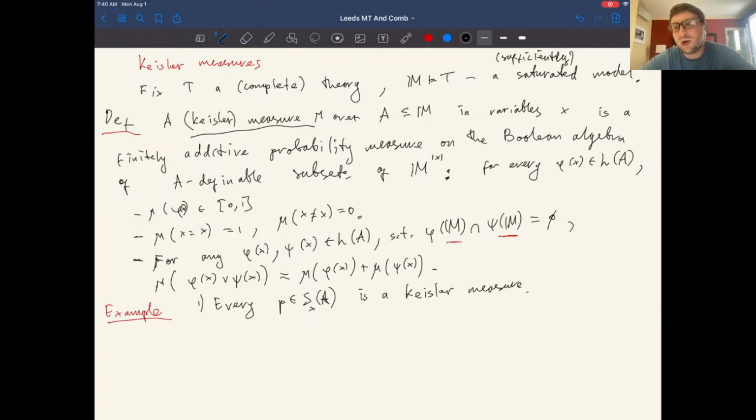We view it as a measure by identifying those sets which are in the type to have measure 1 and those sets which are not in the type to have measure 0. So it even takes values in {0, 1}. So types are in particular {0, 1} measures. It's a very natural generalization of types, but of course in the world of measures, we are also allowed to take convex combinations.